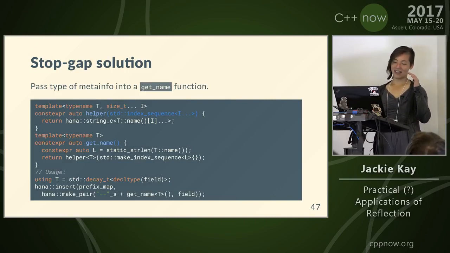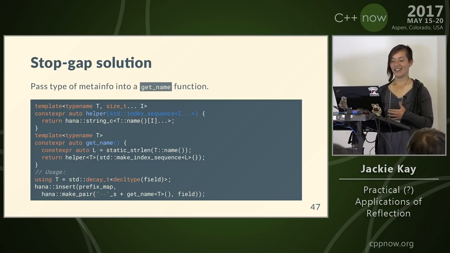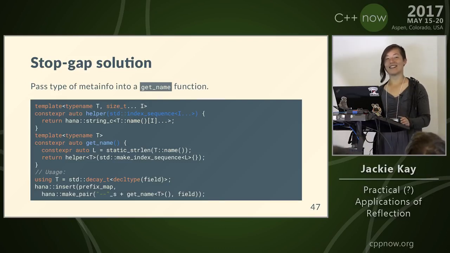If I had a library with an API where constexpr strings were something that the user of the library had to deal with, I feel like there's something missing. There are facilities that are missing.